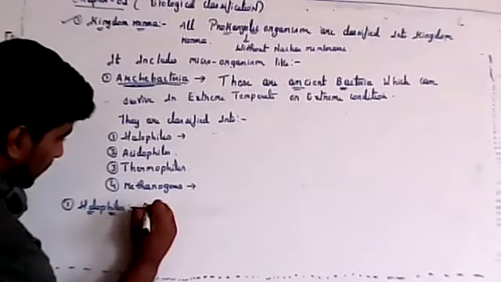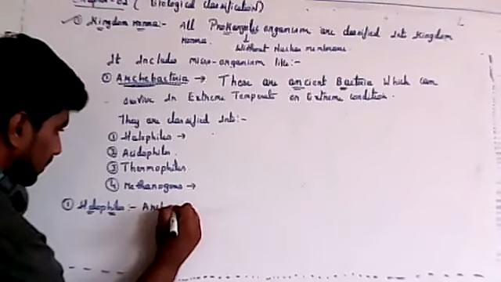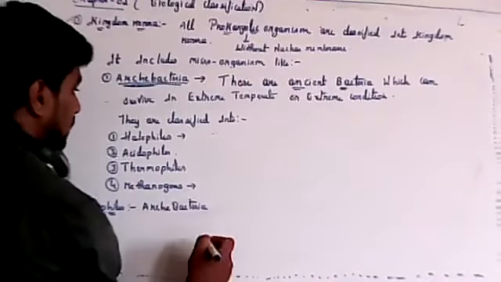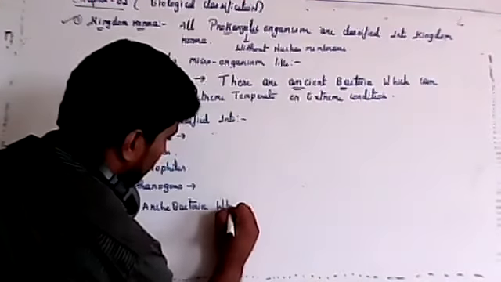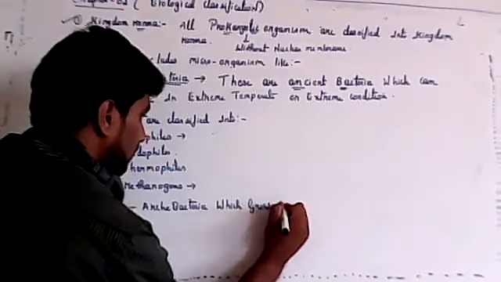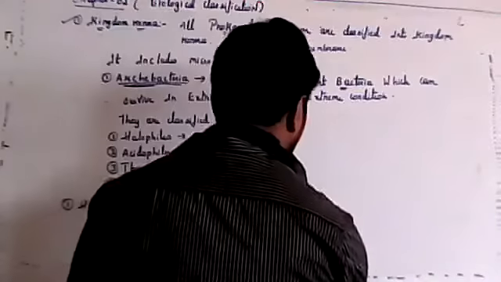Halophiles are archaebacteria which grow in extremely salt condition.